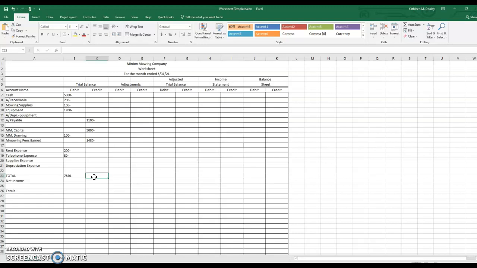And I got 7580. Woohoo! All right. So now I know my debits and credits are equal, and that may still mean I might have an error, but I feel a lot better. Now I'm ready to do my adjustments.